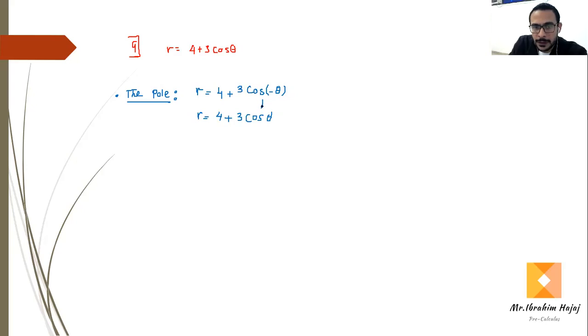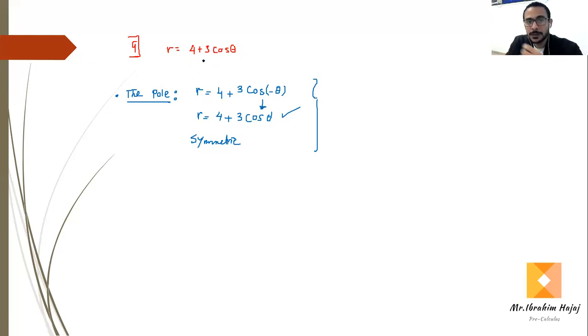Cosine negative theta is the same as cosine theta. So it gives us an equivalent form of the original function. So it's symmetric. And this one is a limaçon equation, one of the curves of polar equations.